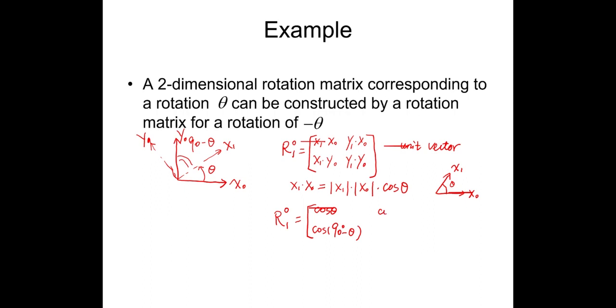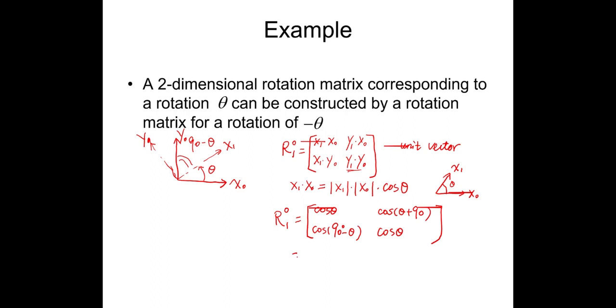So this term should be 1 times cosine the angle, and the angle is theta plus 90, right? And the last term is y0 and y1, so the dot product of this term is 1 times cosine the angle, and the angle is theta, so that is cosine theta.